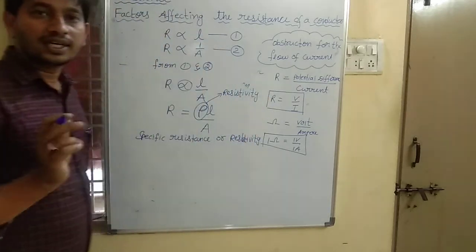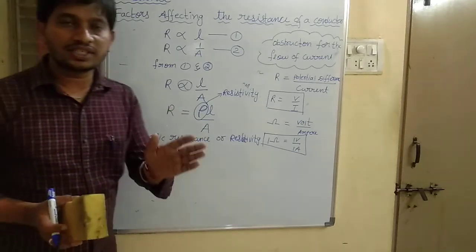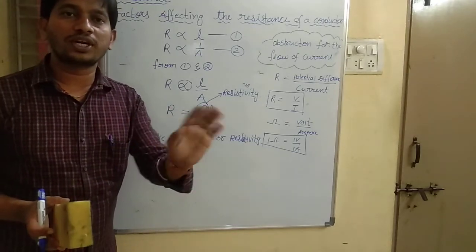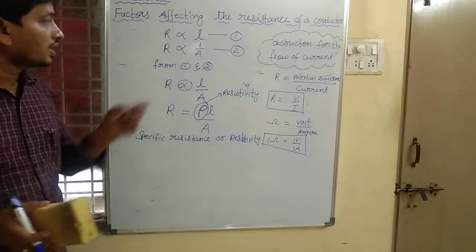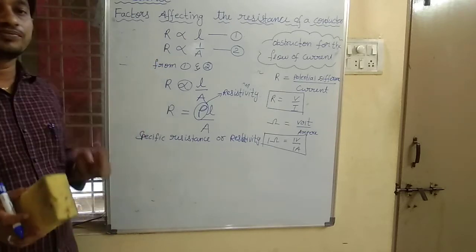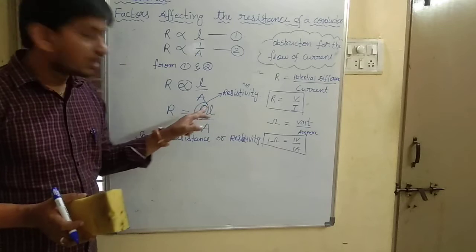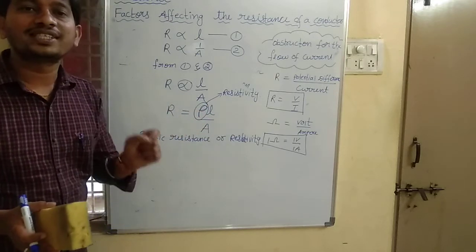Here rho is resistivity. Students, resistance and resistivity, they both are different. Here R is resistance, and rho is called resistivity.